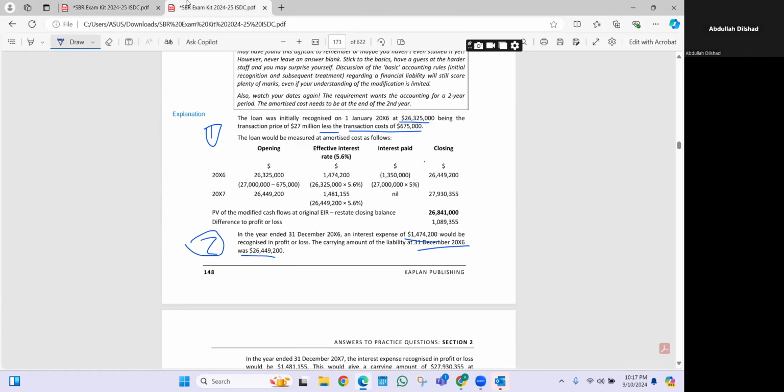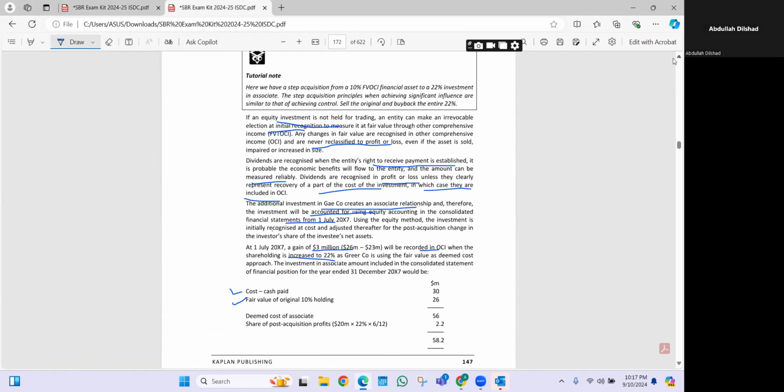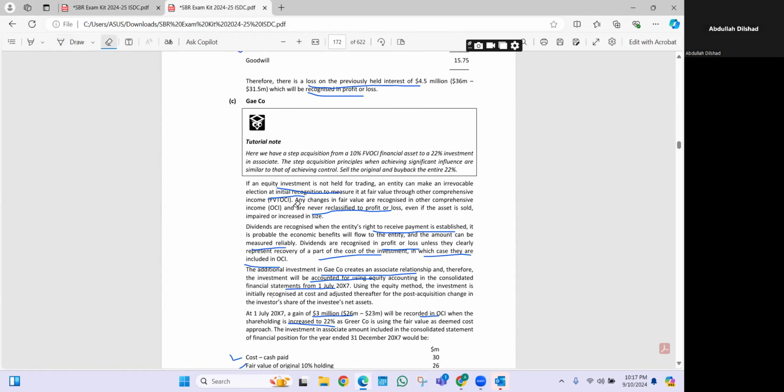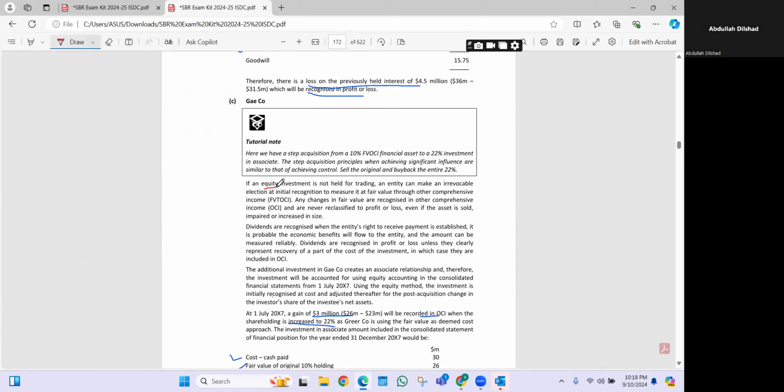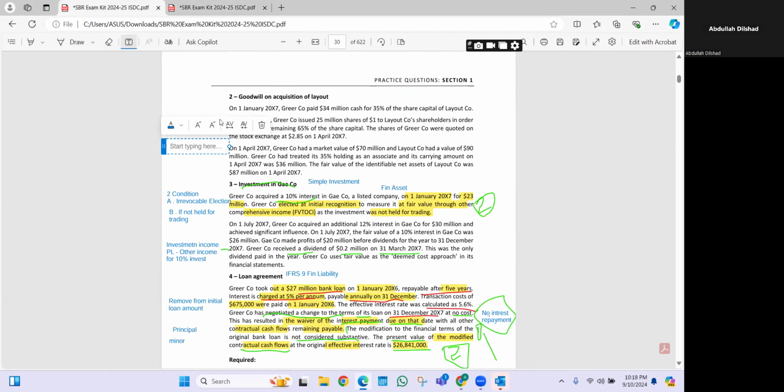If you all don't believe me, I can show you the examiner's marking scheme as well. Here it is, guys. I'm just going to read it off. This is an equity investment. Obviously, I told you it's a financial asset, since you're buying shares in a listed company.